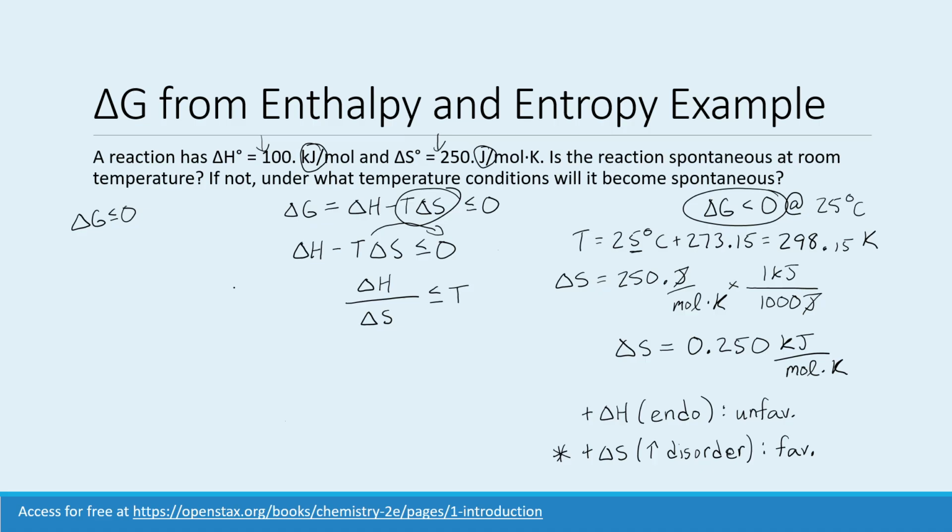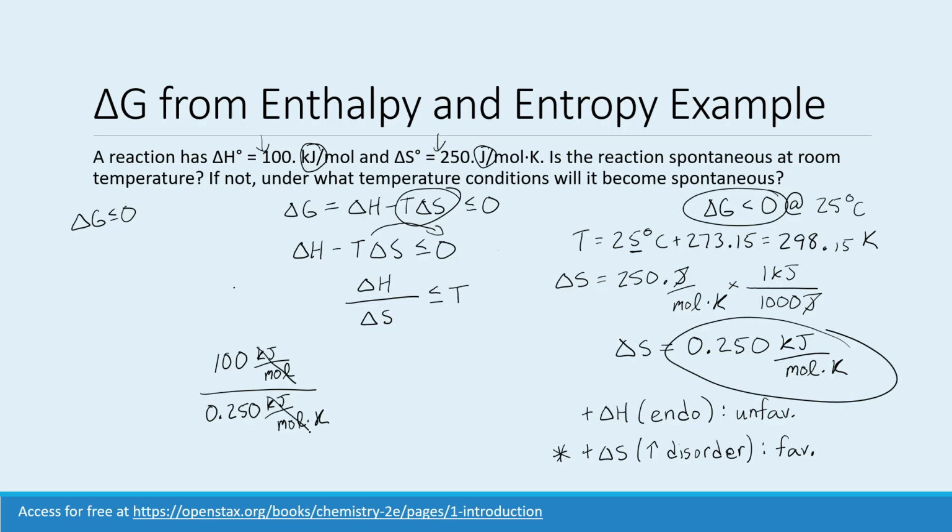Okay, and we know what the change in enthalpy and the change in entropy are, so we can plug those in, again, making sure to use the entropy that is in kilojoules. So we have 100 kilojoules per mole for our enthalpy, divided by the 0.250 kilojoules per mole Kelvin.